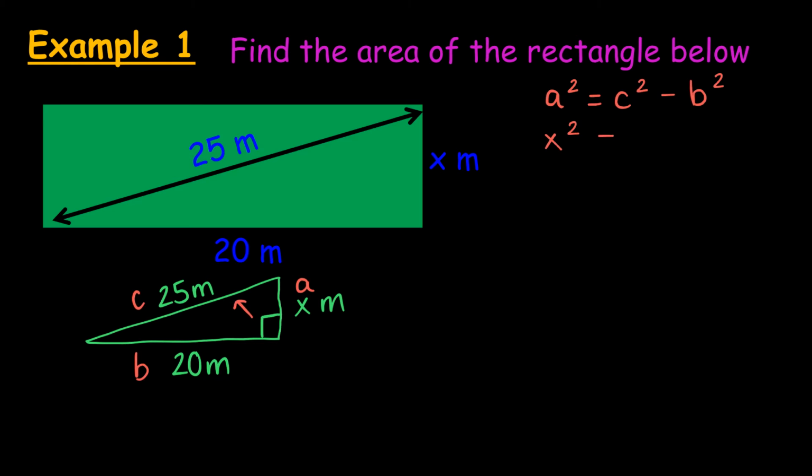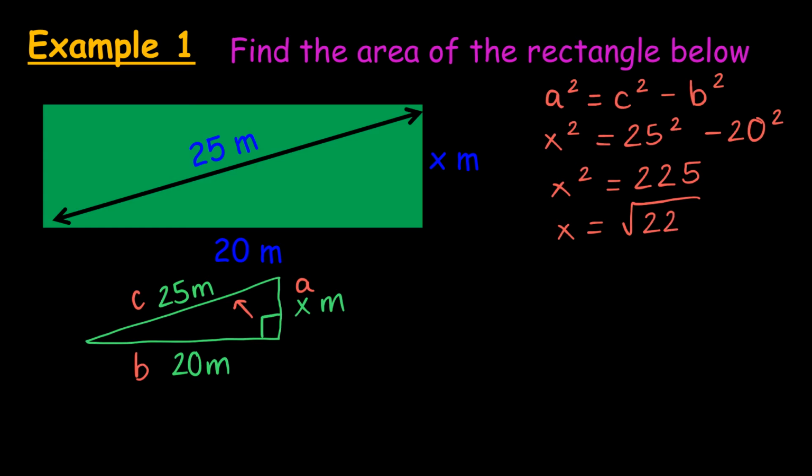So x squared equals 25 squared minus 20 squared, which when you put that all in your calculator gives you 225. So x is the square root of 225, which is 15, and always remember your units, 15 metres.